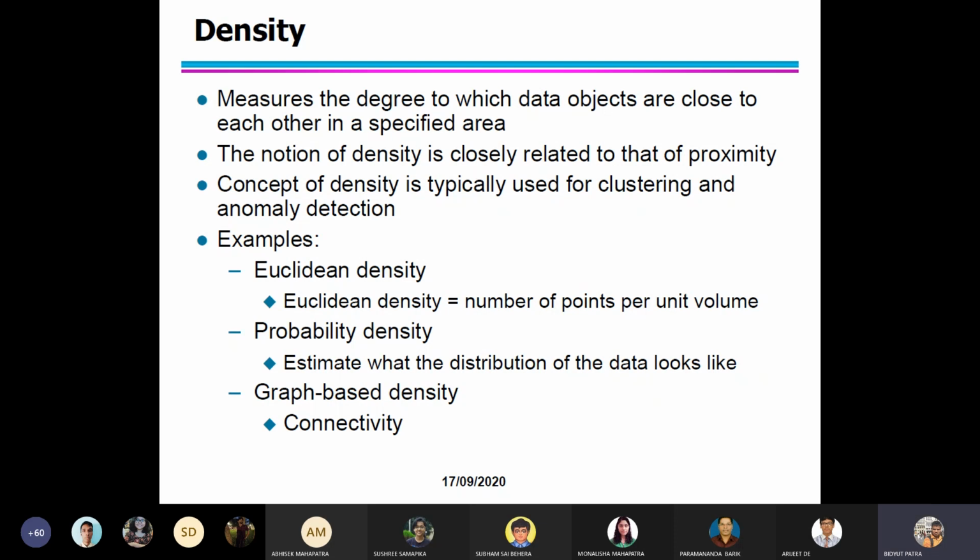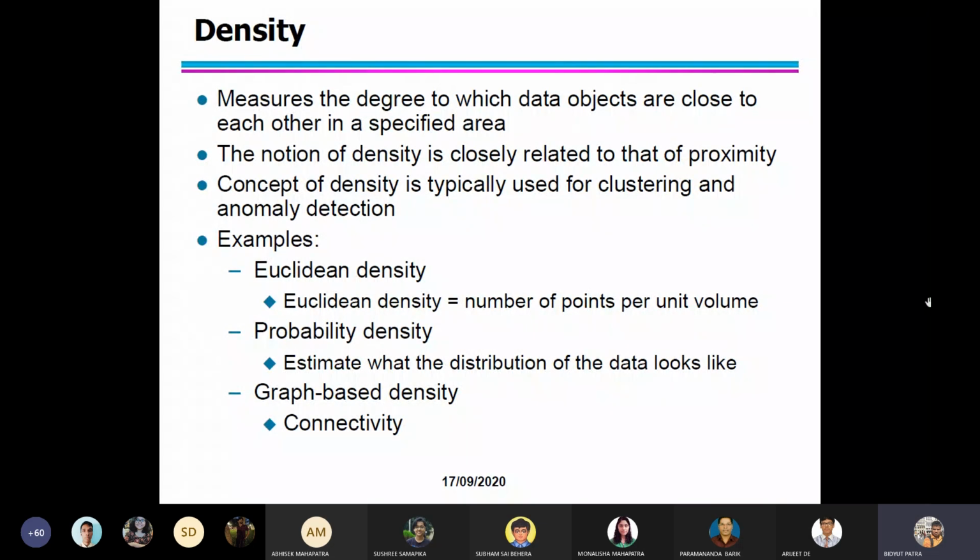Density in physics, you have studied, is nothing but mass per volume, right? D equals m by v. In our context here, the formula almost remains the same, but how we interpret it differs.